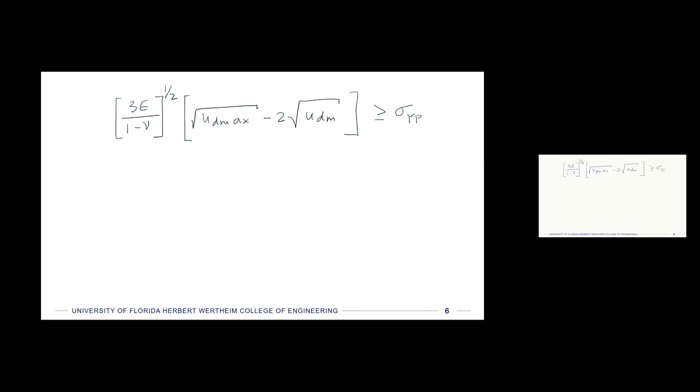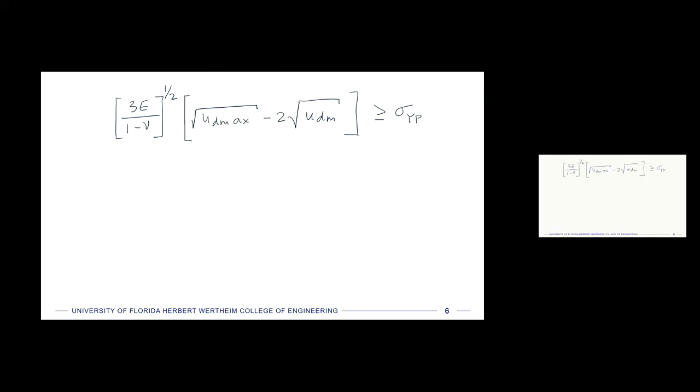We will have our coefficient out front, 3E divided by 1 minus nu to the 1/2, that's the square root. We had that in both of them. And then we'll have the square root of UD max minus 2 times the square root of UD mean, and if that is greater than or equal to the yield point, we would expect a fatigue event.